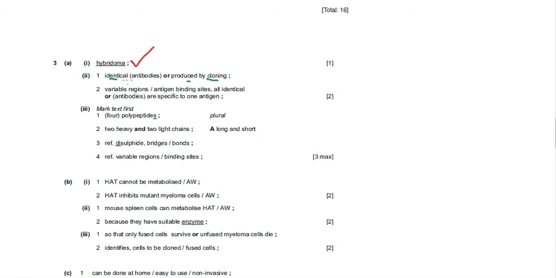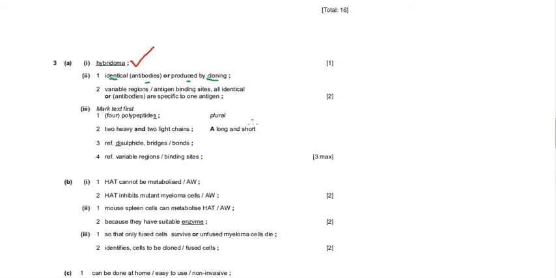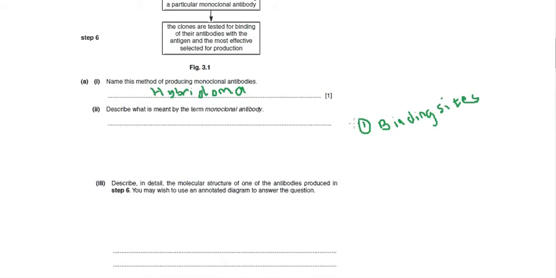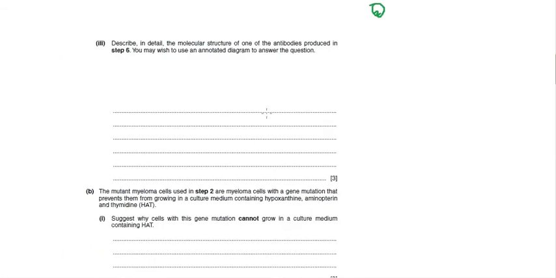Identical antibodies produced by cloning, the same binding site, the same antigen binding site, and also the same variable regions, antibody specific to one variable region.